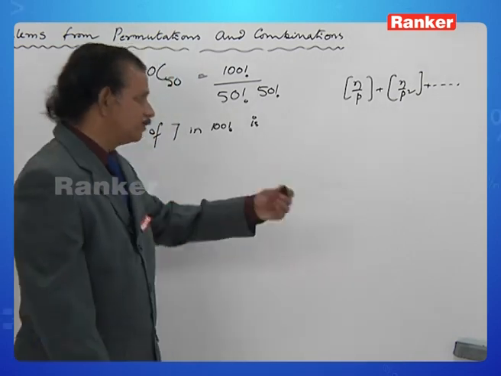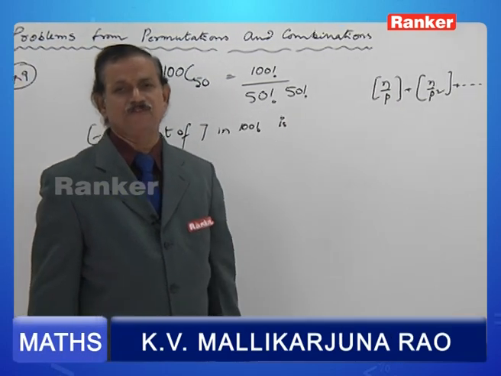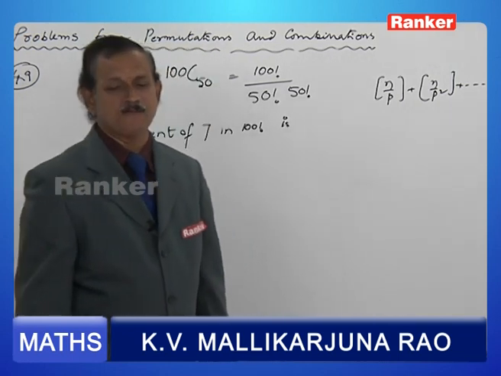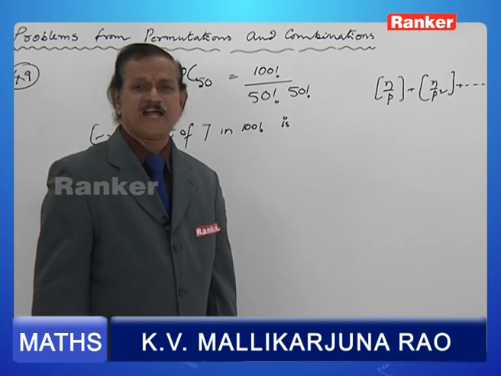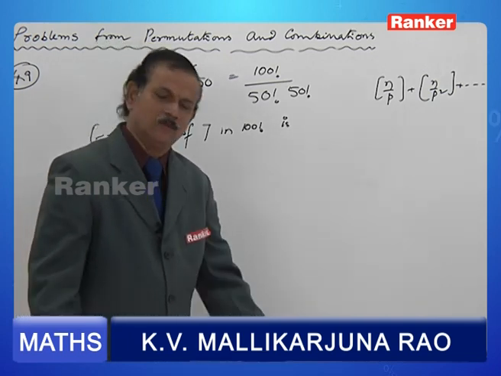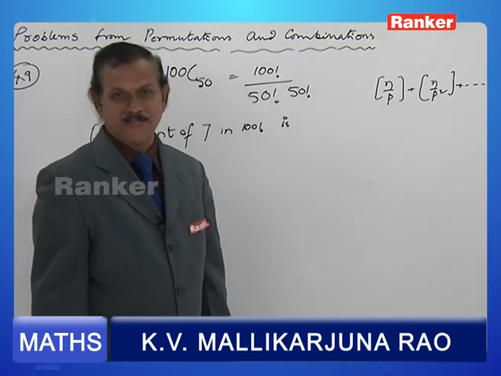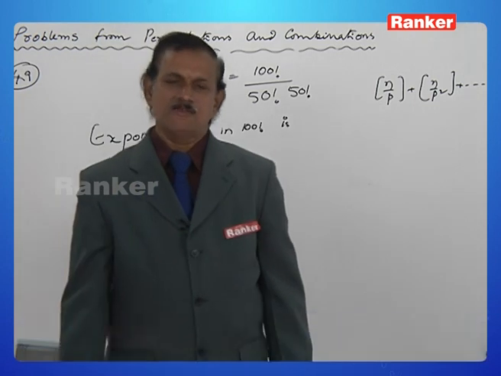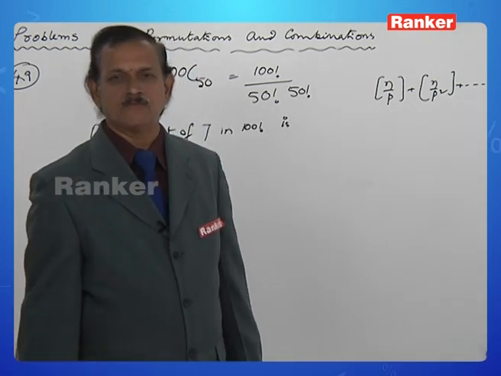If you go on proceeding like that, ultimately at some stage that integral part becomes 0. Why? Because n by p square, n by p cube and so on, going on, you'll be getting a fraction which is less than 1. Thereby the integral part becomes 0. That is the way to get the largest exponent of a prime number in n factorial.